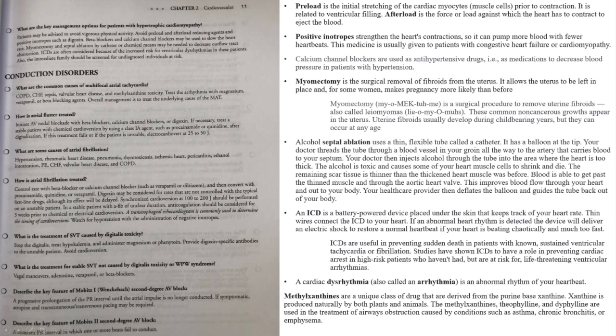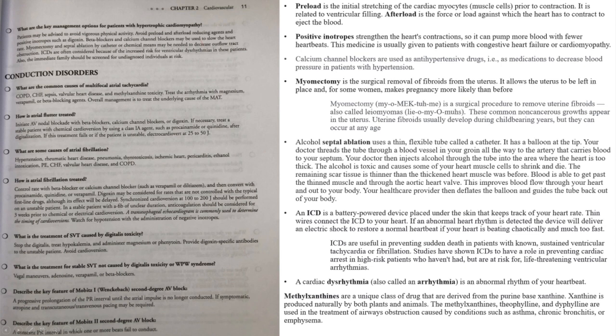Septal ablation is when they insert a catheter through a blood vessel from your groin to your heart and inject alcohol that's toxic so it can thin out the thickened heart muscle.